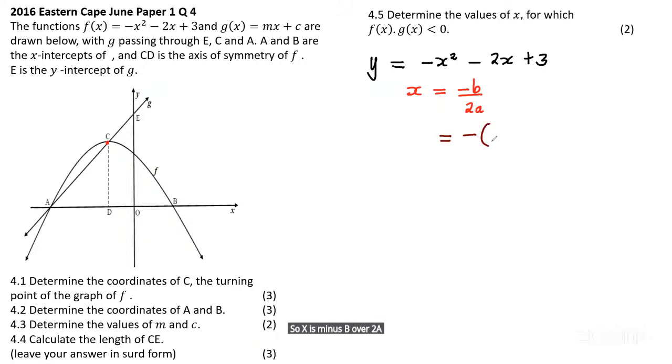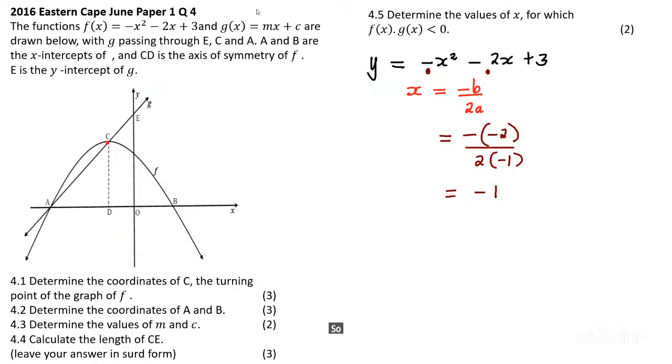This is my a, coefficient of x squared. My b, negative 2, over 2a is negative 1.